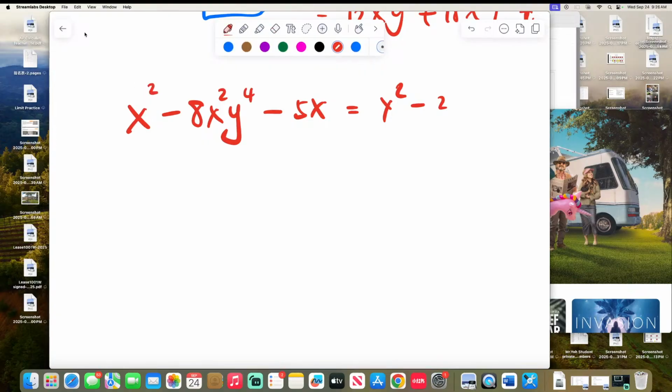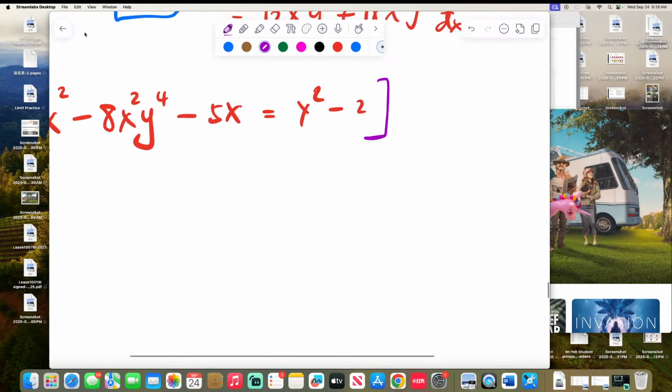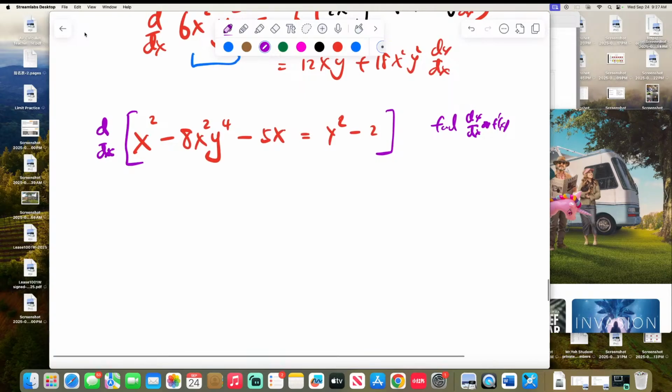So what I'm going to do is take a derivative with respect to x, because our goal is to find dy/dx. Because we say, hey, can you find dy/dx or f prime of x, right? Can you find either? So we're going to take a derivative with respect to x. In terms of x squared, how do I take a derivative of x squared? It's 2x. Very easy, right?